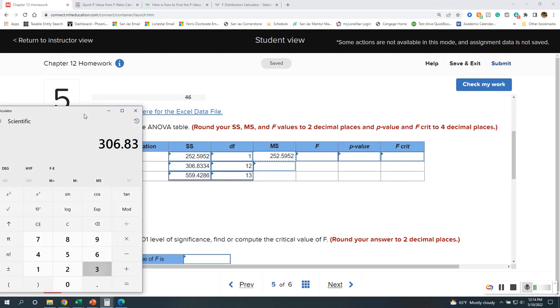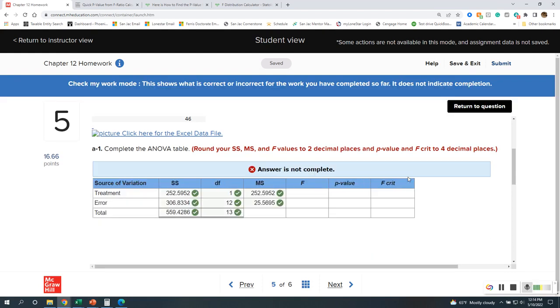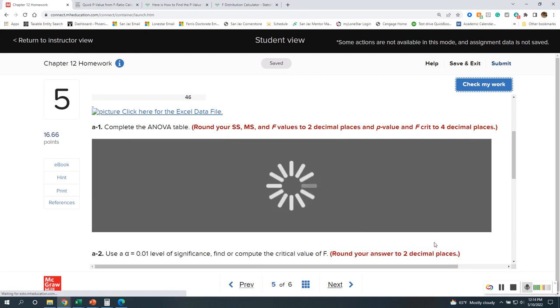Take 306.8334 divided by 12 is 25.5695. And check to make sure our next step is good. Yay.